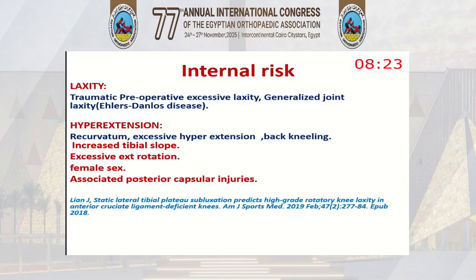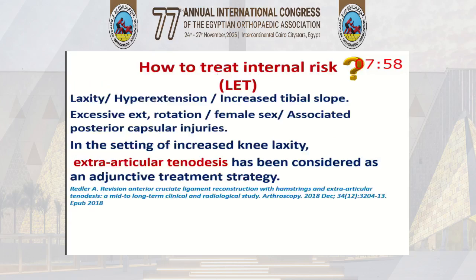These risks include knee laxity, either traumatic laxity. I mean by laxity not posterolateral or posteromedial corner injury. I mean internal knee laxity, or generalized laxity, or increased knee hyperextension, increased tibial slope, excessive external rotation, also female sex, and associated posterior capsular injury.